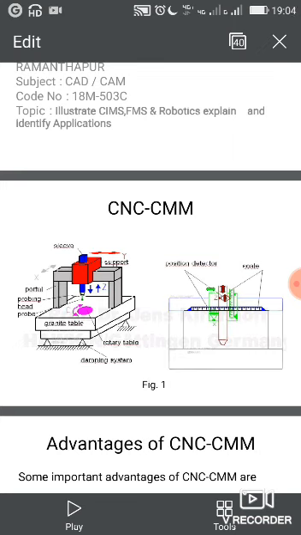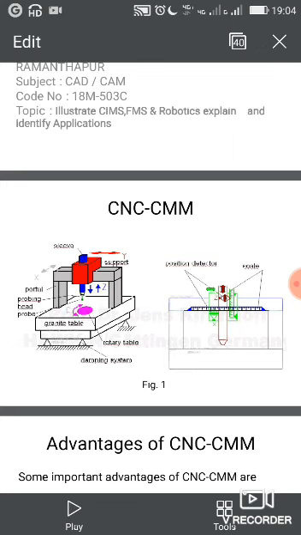Various types of probes are used in CMMs. So not only one probe, there are different types of probes in CMM, including mechanical, optical, laser, and white light. These are different types of probes.